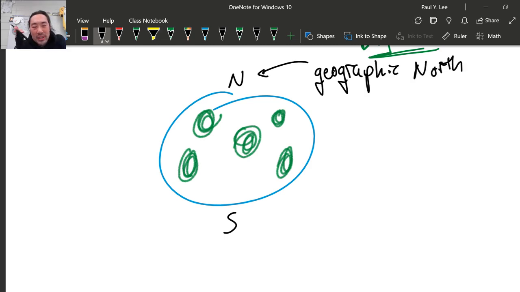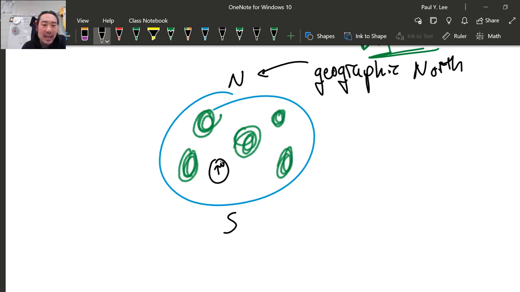The north side of the compass will point towards north. But it's important to know that the compass aligns itself to the magnetic field.